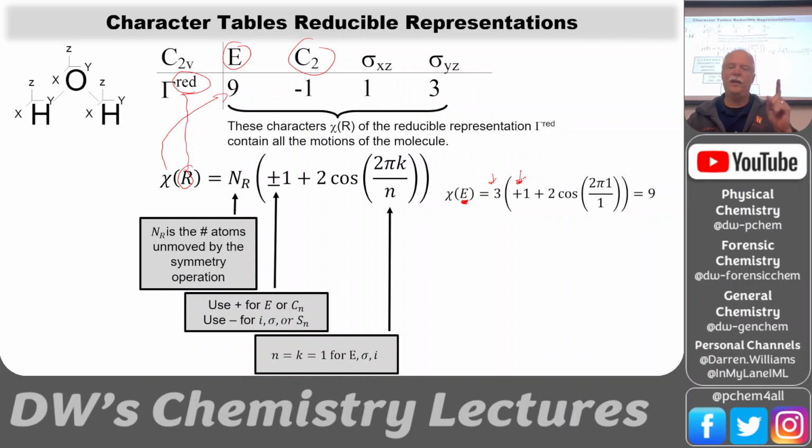Because it's an E operation. Yes. And then for E and sigma and I, the K is 1 and the N is 1. We're not rotating it at all, so we just say the angle is for E, and K is the number of times you do that operation, and we're doing it one time. So we have 1s here for the E, sigma, and I.